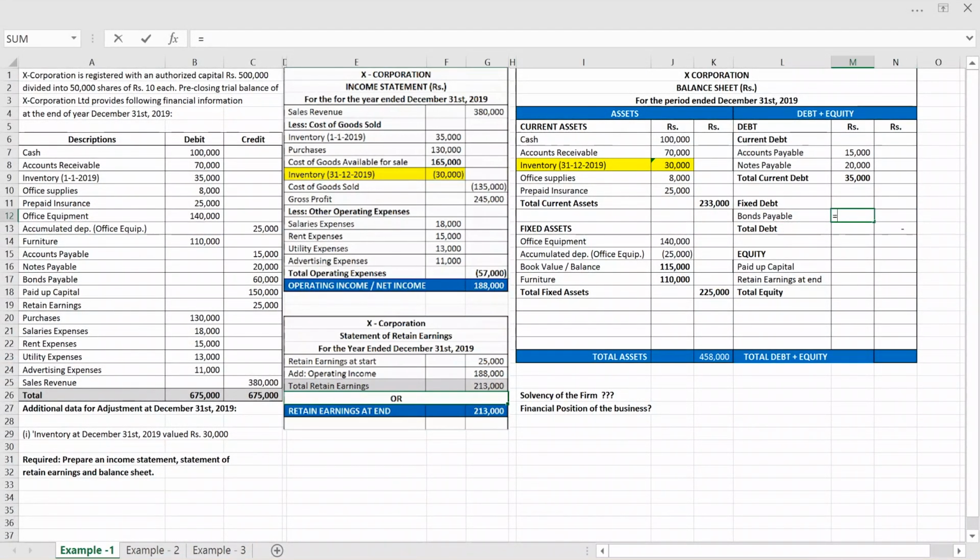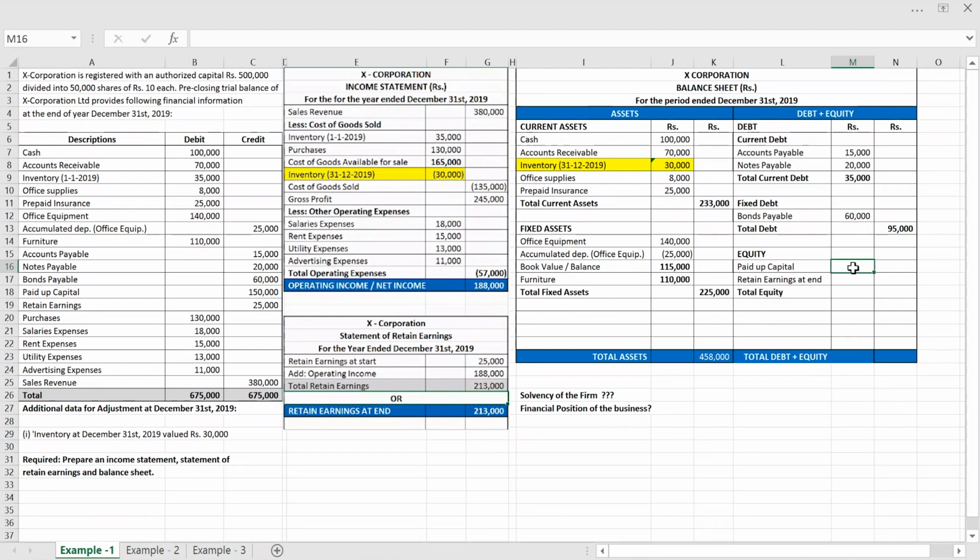Okay, we can write the amount of fixed liability, that is only one, bonds payable, and we can calculate the total of current liabilities and the fixed liabilities. So it is our total debt. Total debt is equal to 95,000.